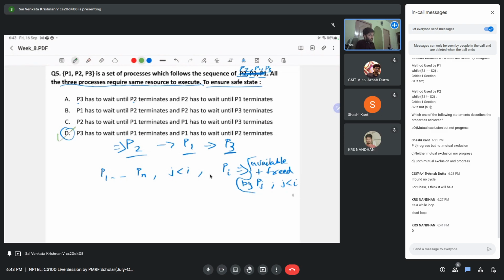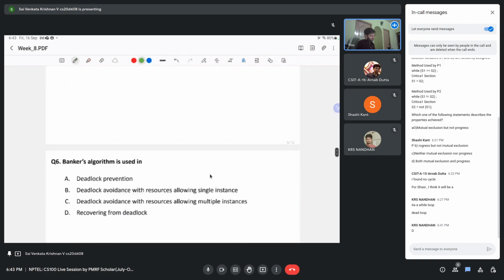So option D, as Nandan mentioned, is the correct answer. Any doubts in this question? If not, then we will move to the sixth question.